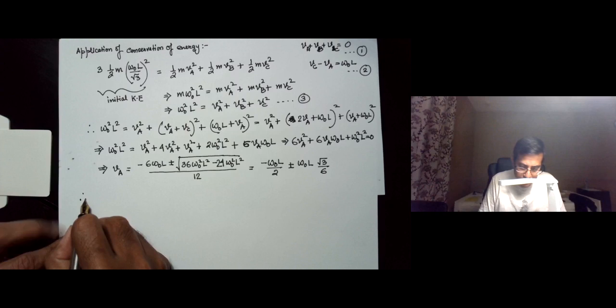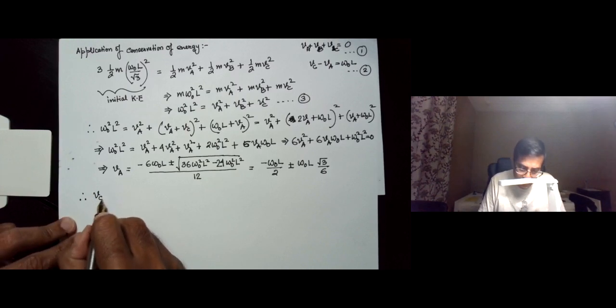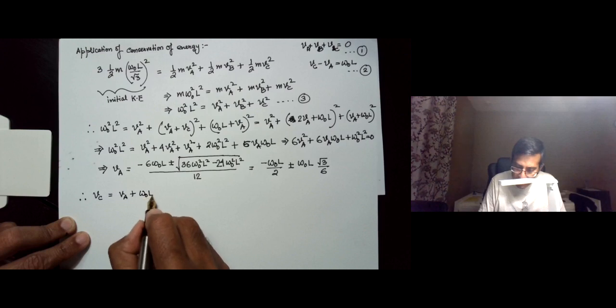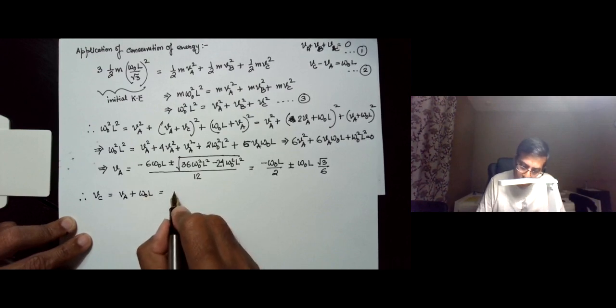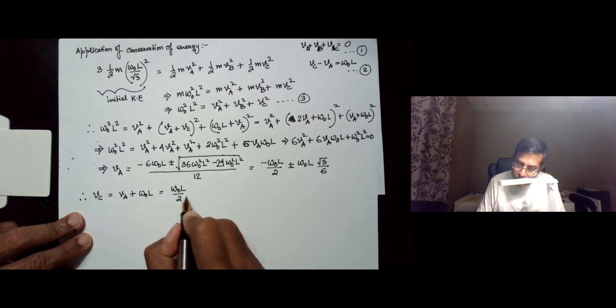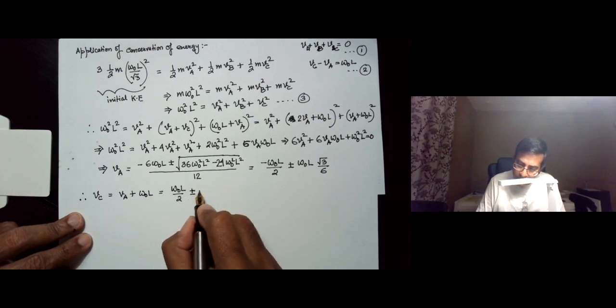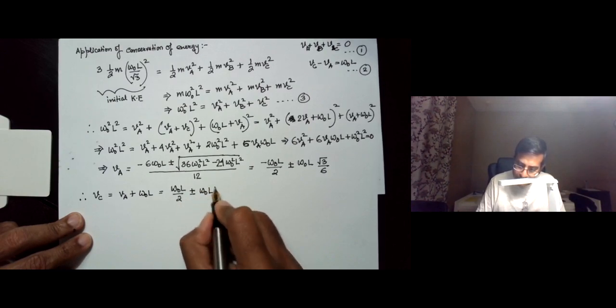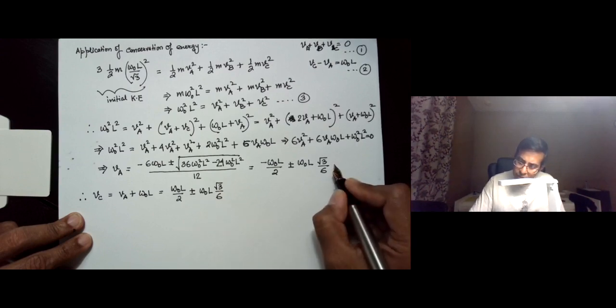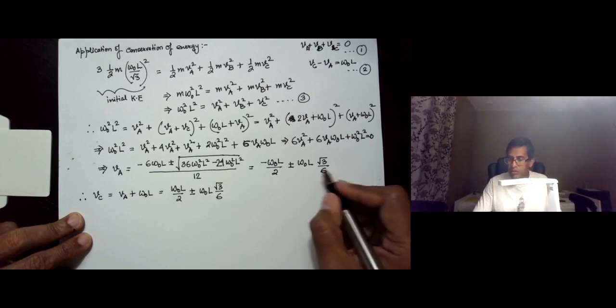And so therefore Vc is going to be Va plus omega naught L, so that is going to be omega naught L over 2 plus minus omega naught L square root 3 over 6. By the way, this square root 3 over 6 can also be written as 1 over 2 square root 3.